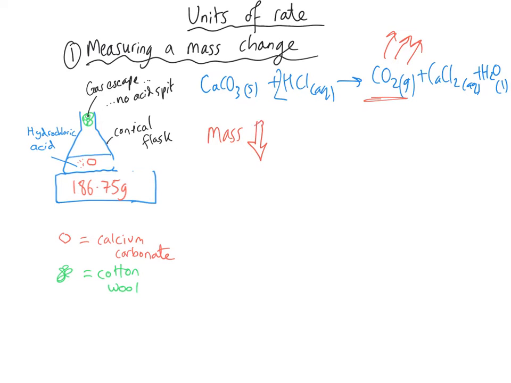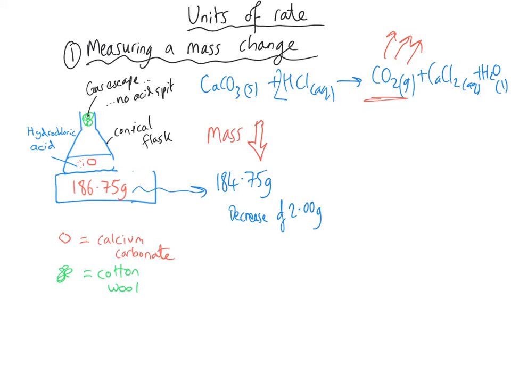And so over time, let's say that that mass drops down to 184.75 grams. So that is a decrease, if we have a look at the difference between the two, of 2.00 grams. Obviously the numbers are not likely to be that nice in an actual test.